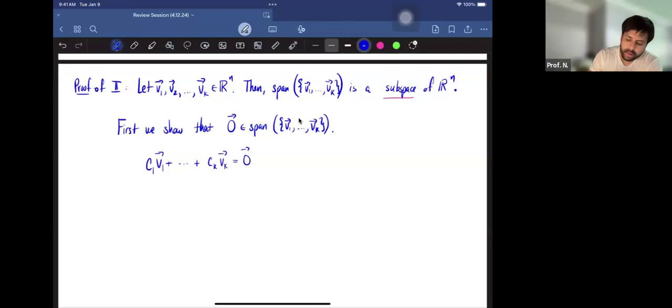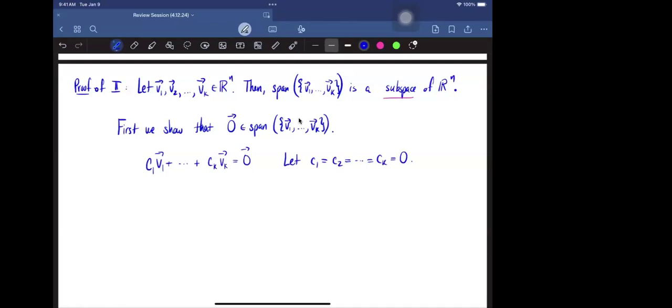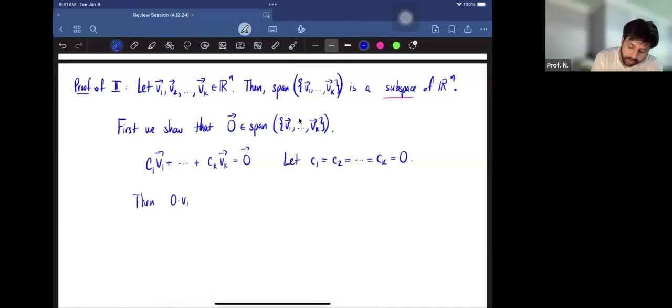So let c1, c2, all the way to ck be all 0. Then 0 times v1 plus ... plus 0 times vk is 0. Hence 0 is in the span.